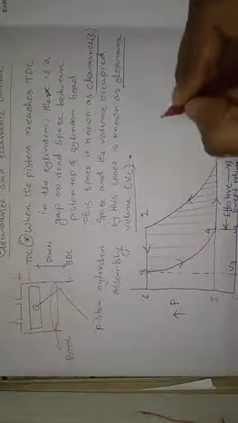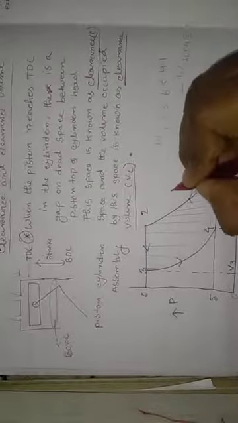If you calculate the work done for the cycle 1 2 3 6 5 4 1 and subtract the work done for this portion only, that is 3 6 5 4 3, then you can get the work done required for the process 1 2 3 4.